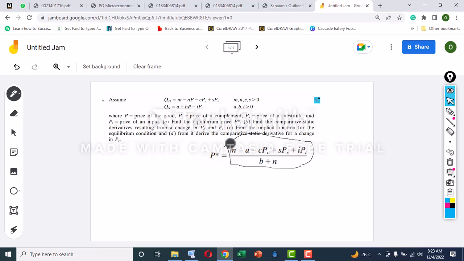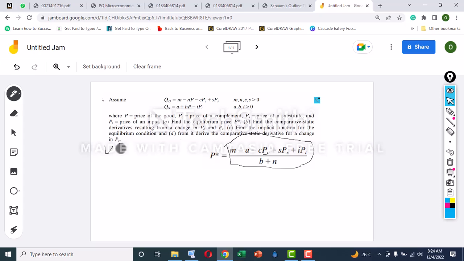So it is what? V du dx minus u dv dx over v squared. But here now our x is no more x, it is our PC that we are differentiating with respect to. So it's not going to be u, this is our u. Let me still write it out.